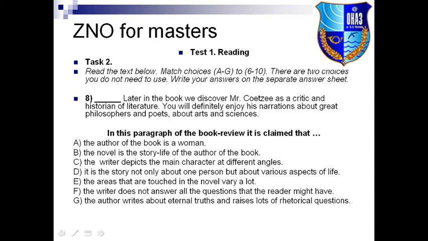And okay, let's have a look at the author, who is a critic here, a historian of literature, and we have his narrations about great philosophers, poets, about arts. It means that lots of areas are spoken here, are taught here, are depicted here.